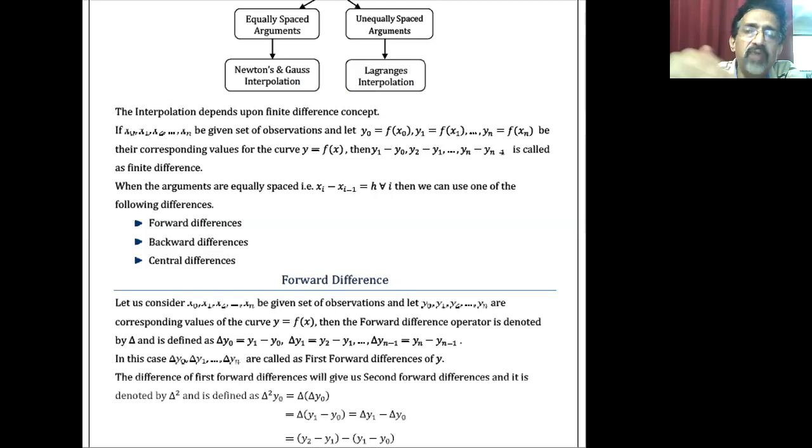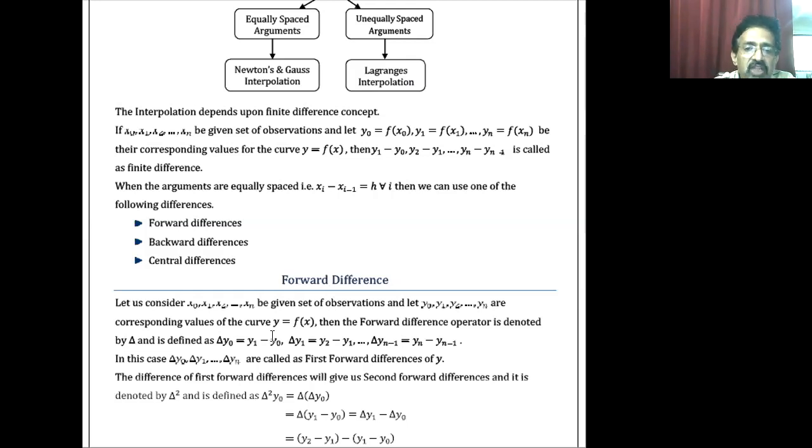What is the next value of yk? It will be yk plus 1, right? So the difference between yk plus 1 and yk gives me the forward difference of yk. So yk plus 1 minus yk gives me the forward difference for yk. Right? So this is how we define it.